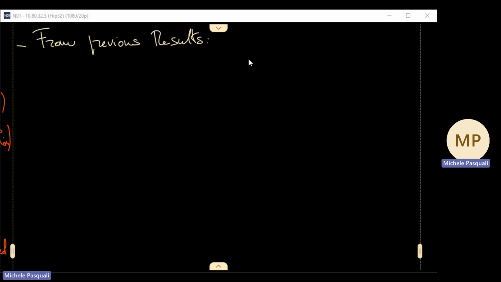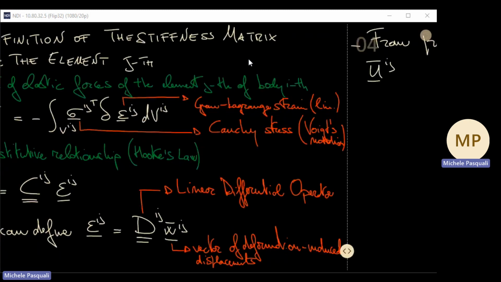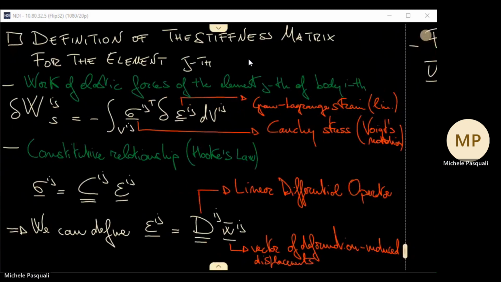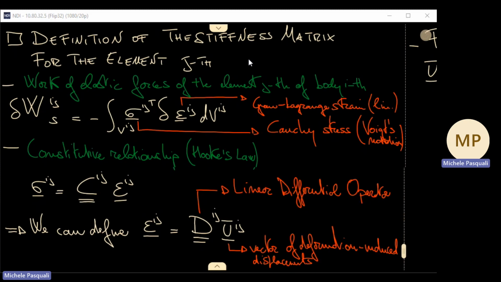Let me just rewrite this in terms of U over bar ij. So this U over bar ij, what is it?